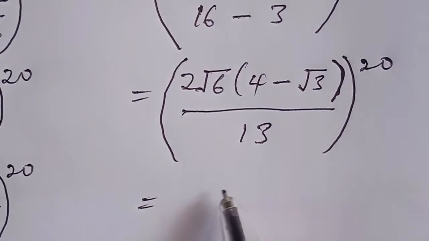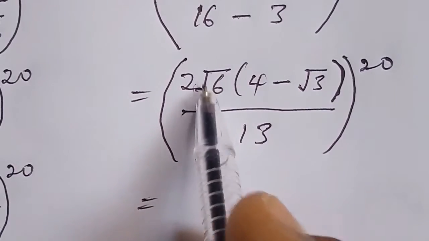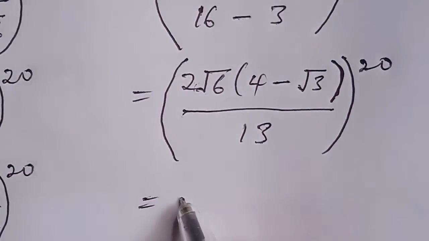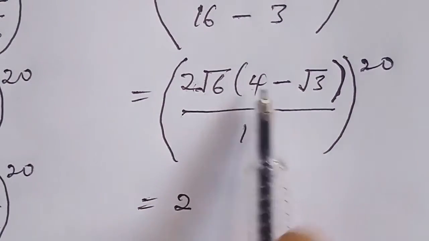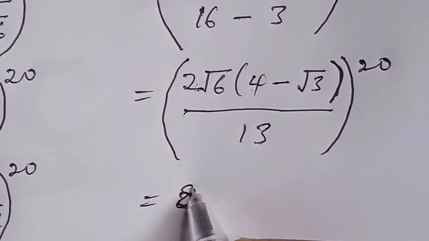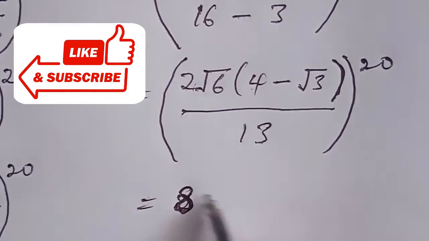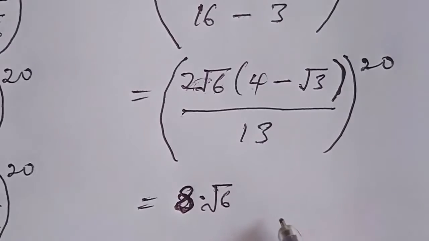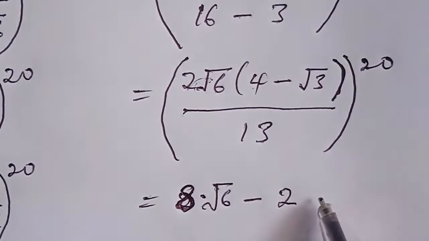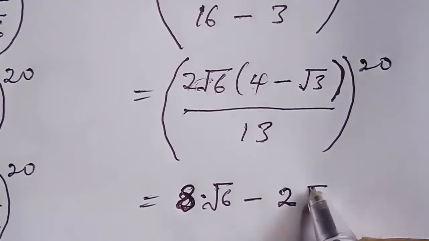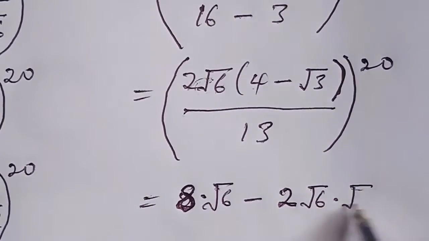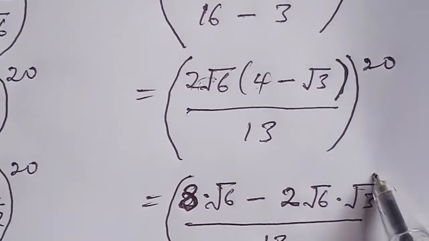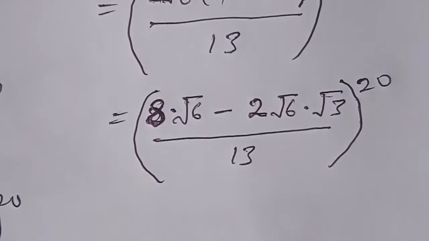And this is equal to, so we multiply this radical expression with what we have in the bracket. So we have 2 multiplied by 4 will give us 8, then multiply by square root of 6. We do that for this. So we also have minus 2 square root of 6 multiplied by square root of 3. Everything over 13, all into brackets to the power of 20.